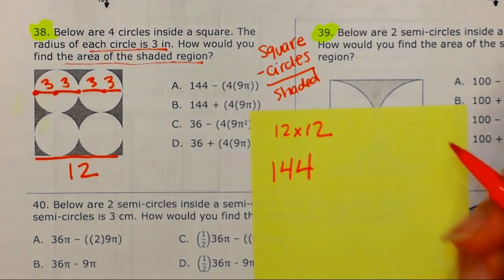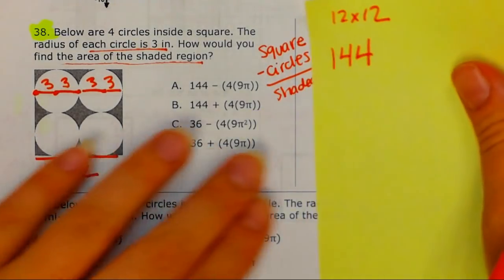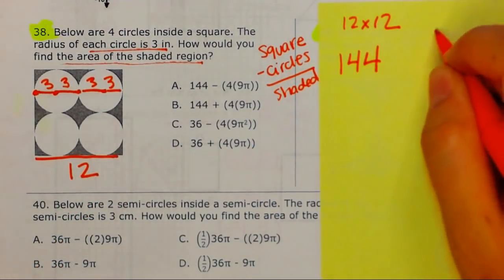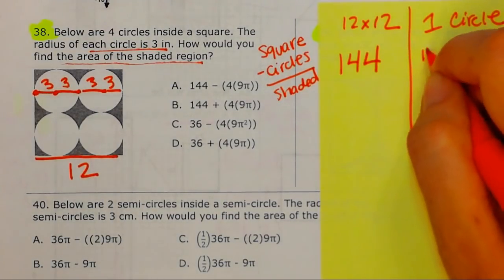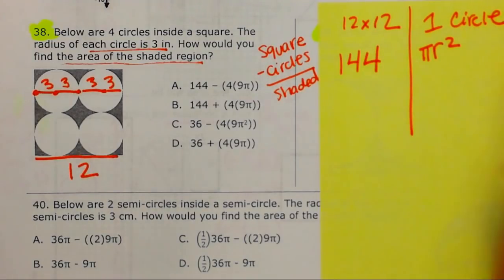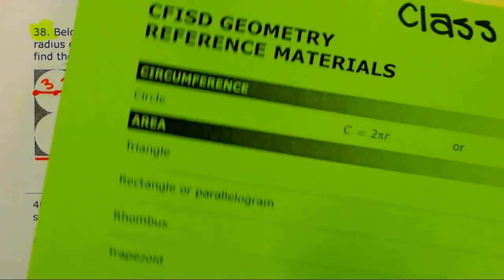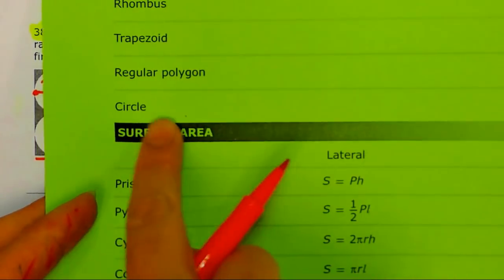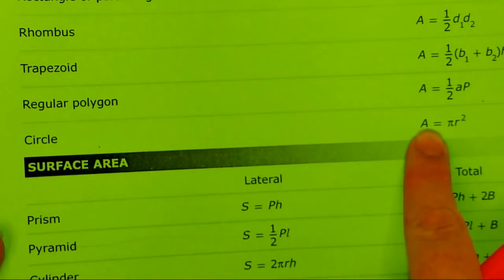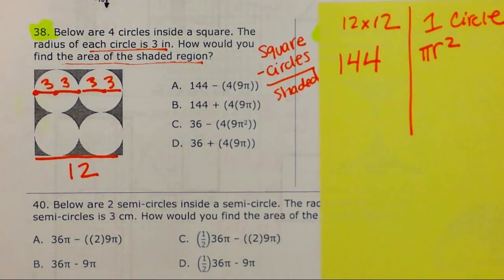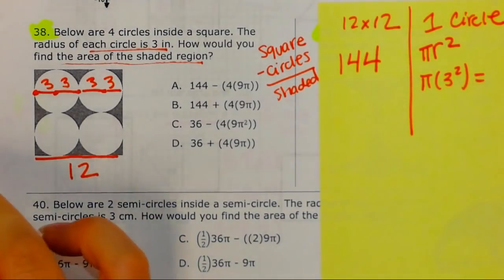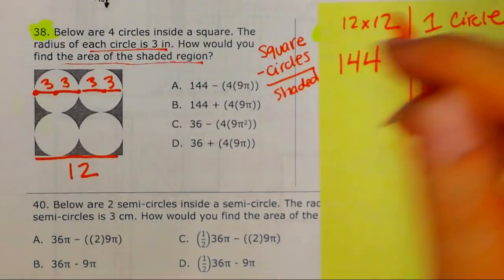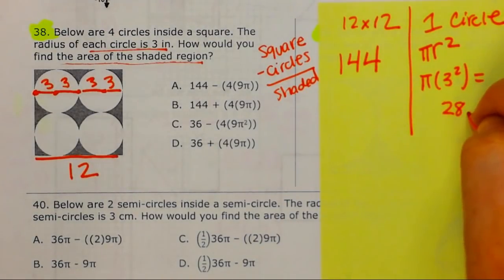Now I would need to subtract the area of the circles. For one circle, the formula for area of a circle is pi r squared, and that is on your formula chart. You just need to know where to look for it. So you look at area, circle, pi r squared. Plugging that in, pi times 3 squared, and that's equal to 28.27.